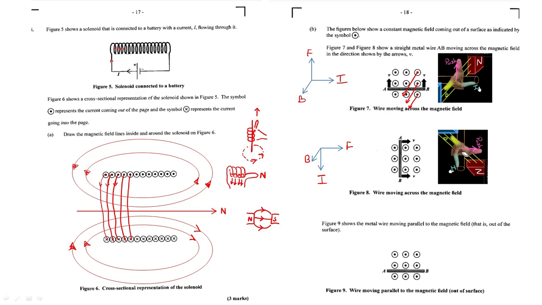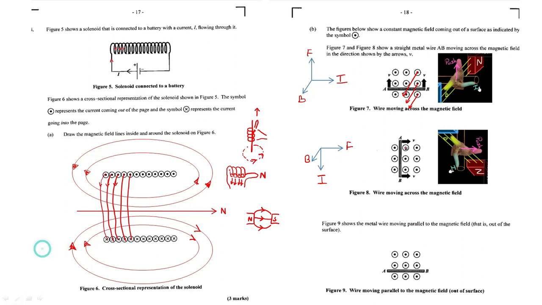Now imagine all I did was flip the direction of the wire here. The wire is again cutting across the field lines, and it's showing you that it's moving across.